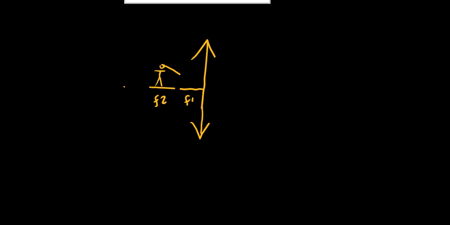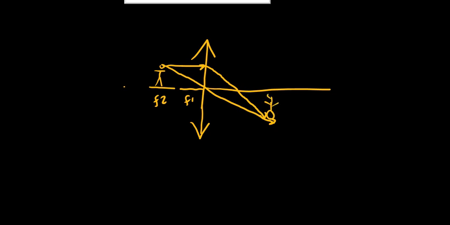One line through the center, one line parallel to the axis, and then refracting. And then we will end up with a magnified, should be magnified, I've done a very good job of making that look magnified. Magnified, inverted, and real image. Okay.